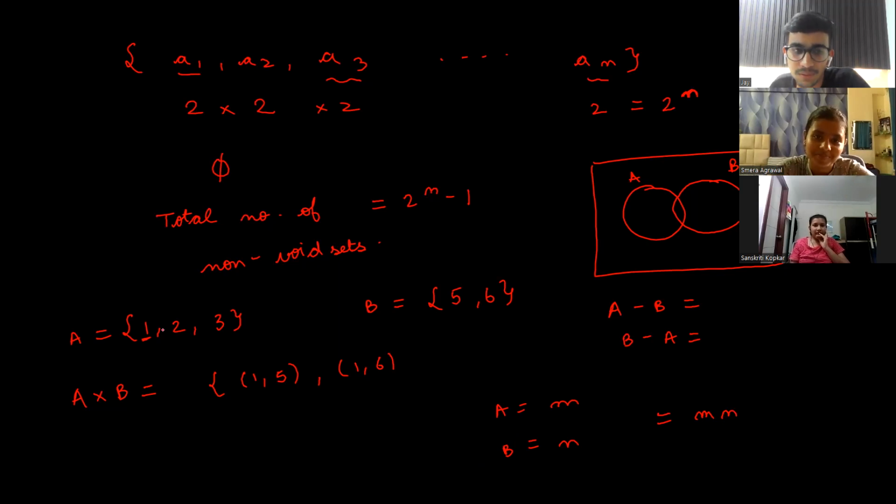Try to figure out. देखो 1, 2, 3 and 5,6 है, राइट? 1 के पास कितने ऑप्शंस हैं? 5 and 6. 1 के पास 2 ऑप्शंस है. प्लस करूंगा क्योंकि 2 के पास 2 ऑप्शंस और हैं. सो 2 + 2 प्लस 3 के पास भी 5,6, अगेन 2 ऑप्शंस. सो एट द एंड मैंने क्या करा? 2 को कितनी बार ऐड करा? 3 टाइम्स ऐड करा. So can I write this as 3 times 2? हो गया m cross n वापस से.